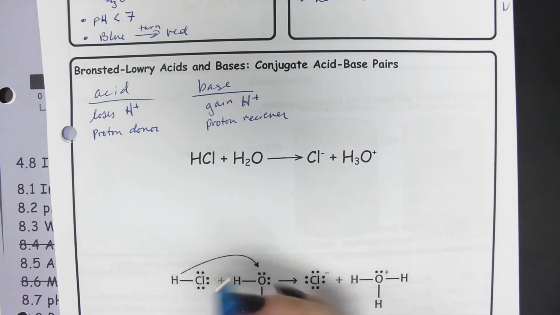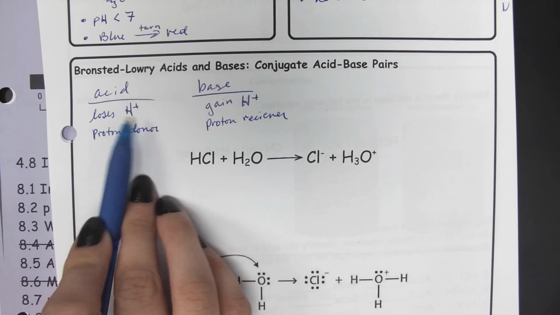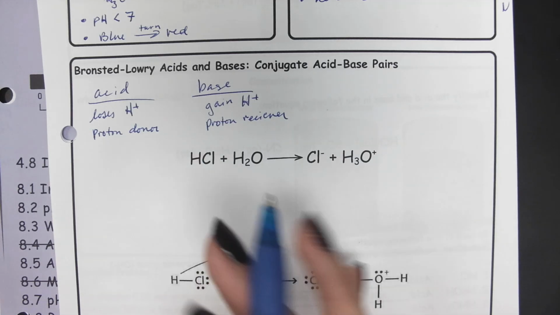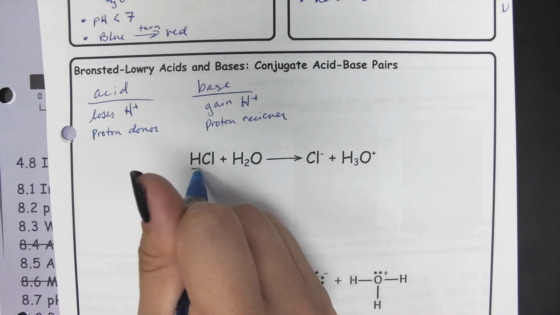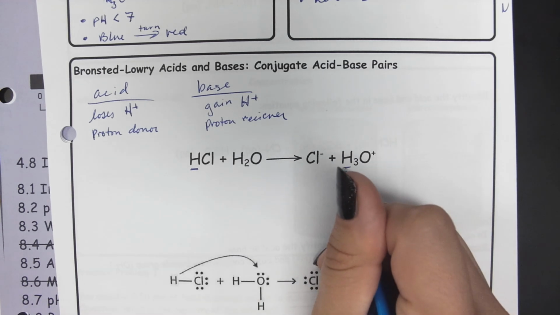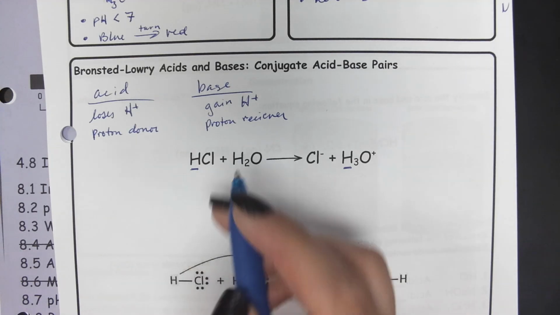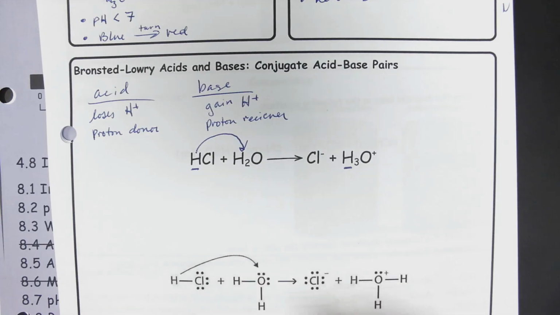Okay, so we have our proton donor or proton receiver, but it just means that it's either going to lose the H+ or it's going to gain an H+. So look at this. Here is the hydrogen. And where the hydrogen goes, it's kind of hard to tell. It's right here. And this hydrogen is gained by the water.